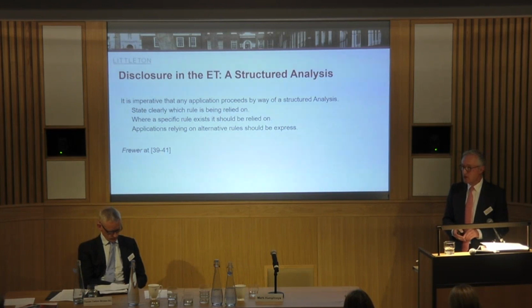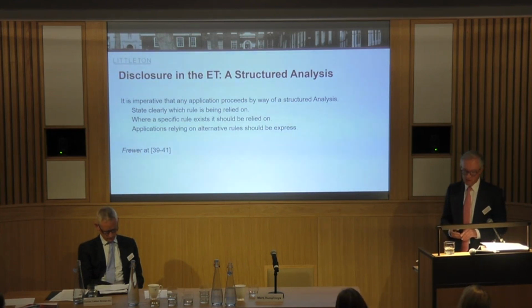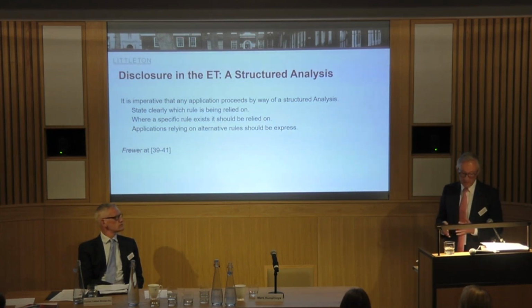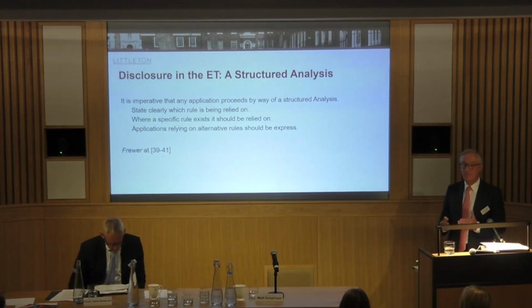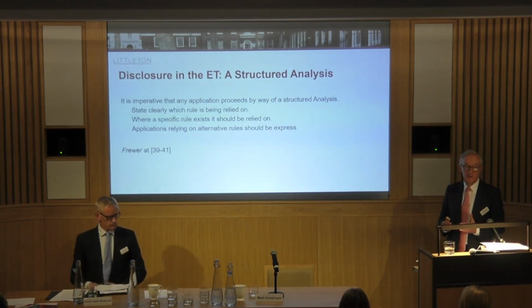Different principles will apply, and those principles must be before the tribunal and highlighted in our submissions. Say so. Where there is a specific rule, that is the rule that we should be using. And applications relying on alternative rules should be express about the alternatives that they are seeking.